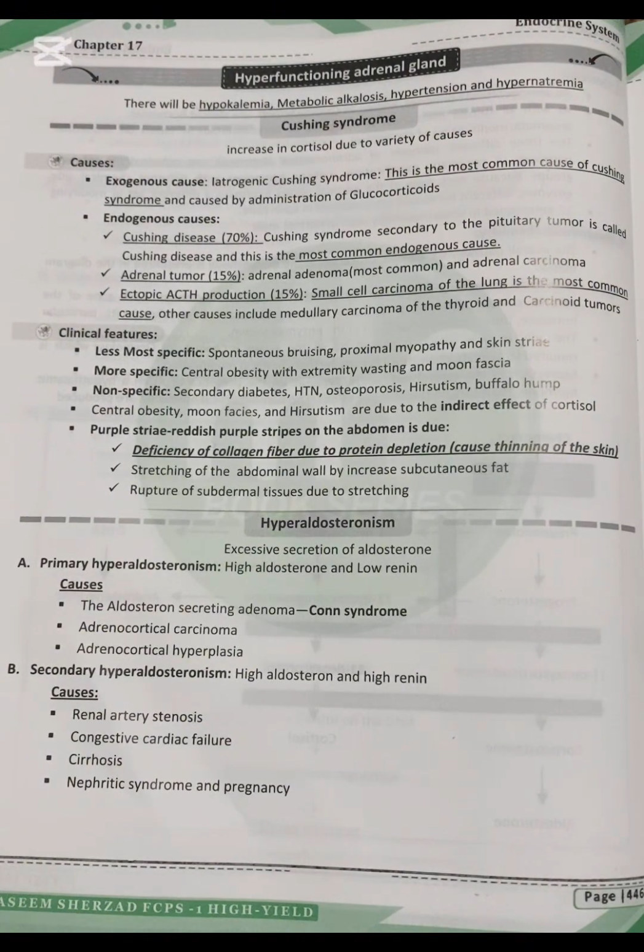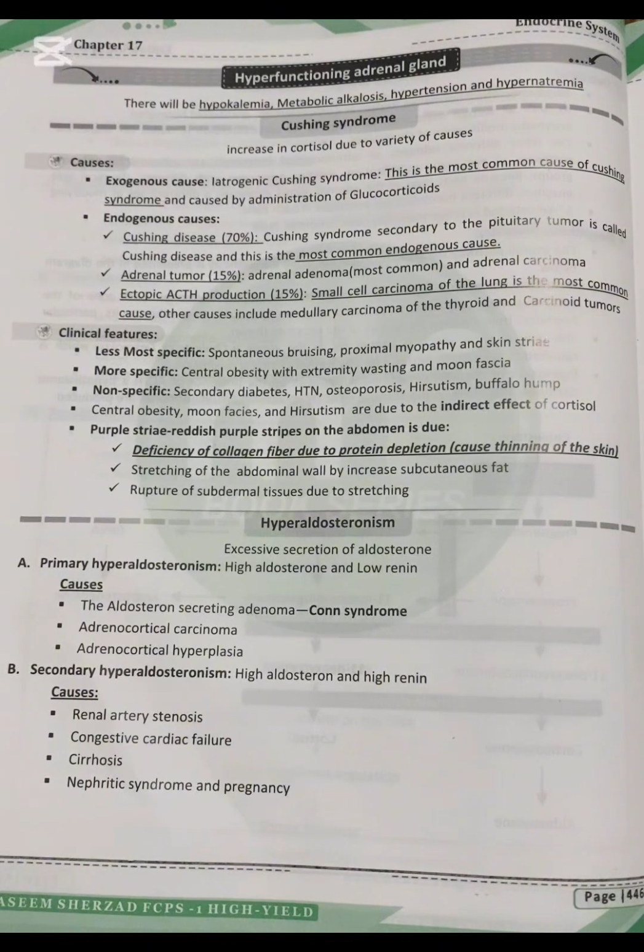For hyperfunctioning, I was always remembering and revising this sentence in my mind: when there is hyperfunctioning of the adrenal gland, there will be hypokalemia. Why hypokalemia? Because there is excessive aldosterone, and you know that aldosterone is a potassium loser. If it loses potassium, it will cause hypokalemia. And remember one sentence for life: when there is metabolic alkalosis, there will be hypokalemia.